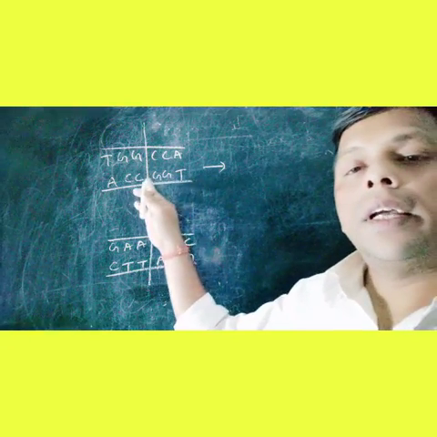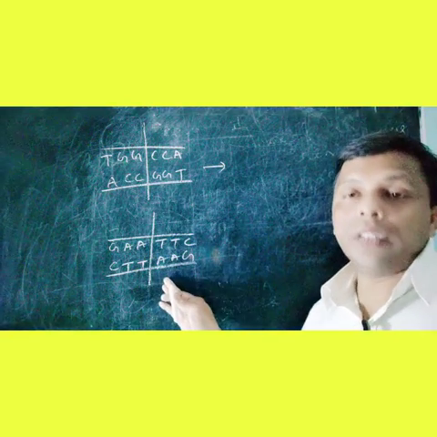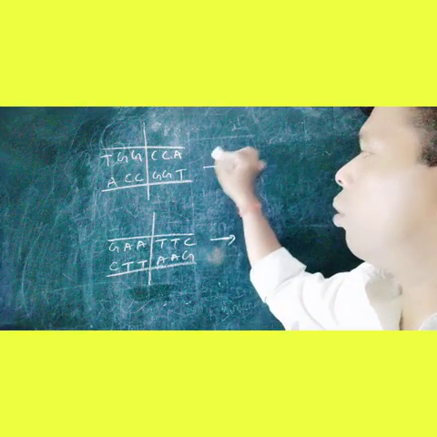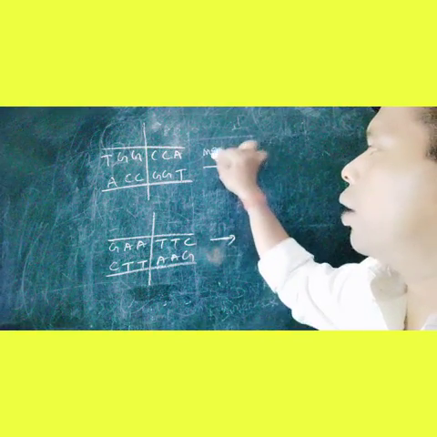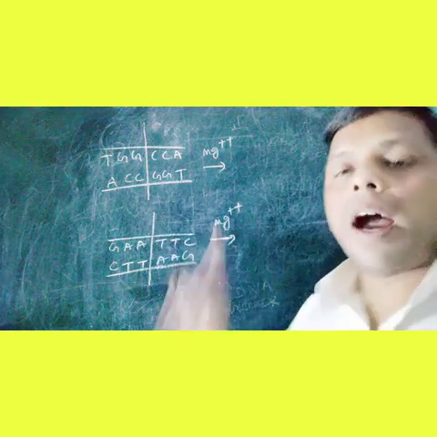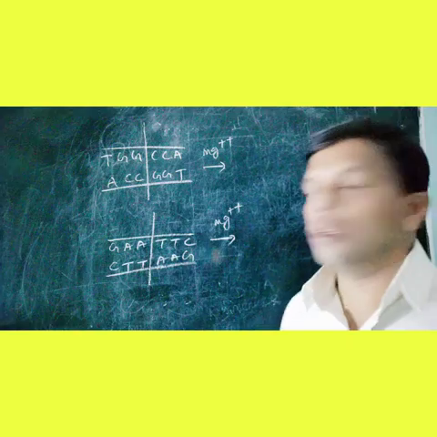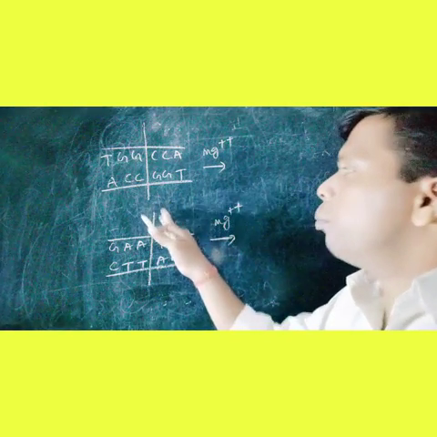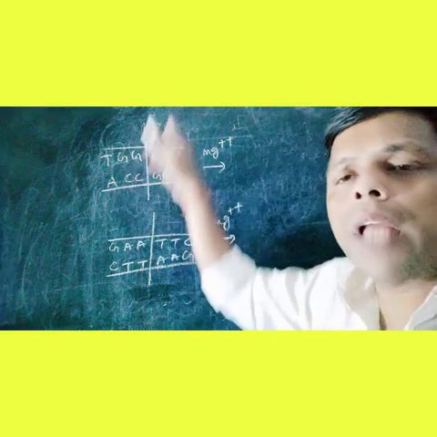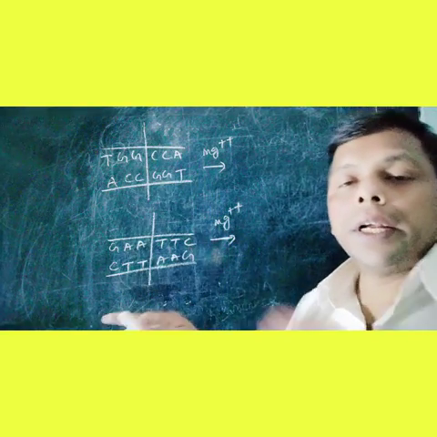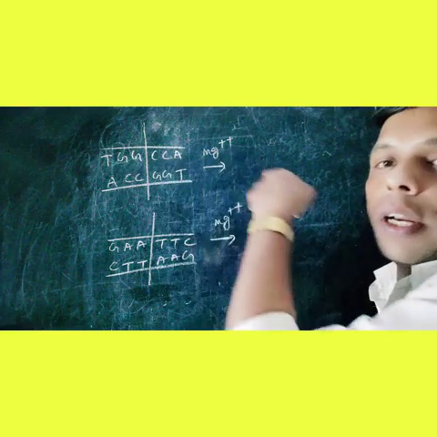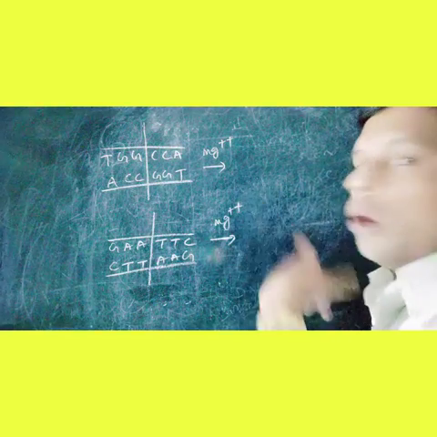Suppose this is a recognition site, and this is another recognition site. Remember, EcoR2 always requires magnesium ion as a cofactor for its action. When this enzyme cleaves the DNA along the axis of symmetry, it always produces a blunt end.